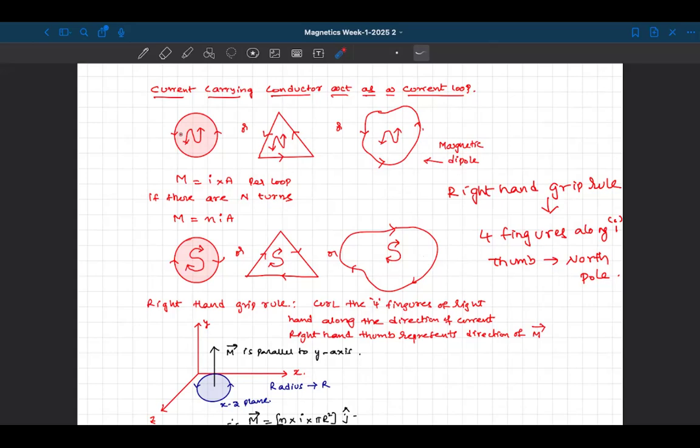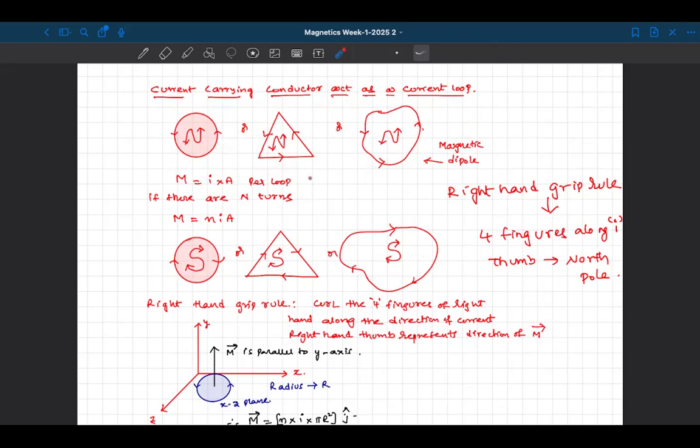So whether you see the loop in this form or this form or this form, in any of these cases, the first point is the current is anti-clockwise. Now this behaves like a magnetic dipole, and the magnetic moment is given as I into A, current times the area of cross section.